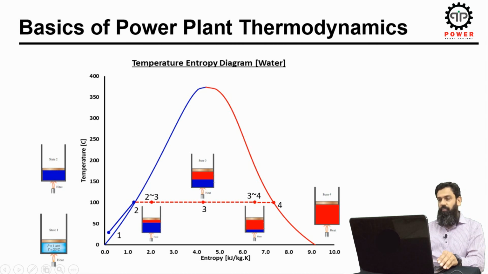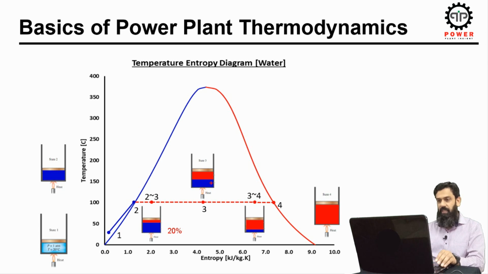In between the dome, which we have said is called the two-phase region or the wet steam region, upon moving from point 2 to point 2-3, 20% of the liquid has been vaporized and 80% of the liquid has been left inside the system. So we can say it has a steam quality of 20%.